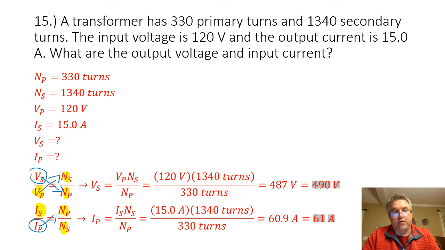Once again, I can cross multiply, and I am going to solve for the primary current, and I'm going to have the primary current is equal to the secondary current times the secondary number of turns divided by the primary number of turns. Plugging my known values into that equation will give me a primary current of 60.9 amps, or 61 amps, rounded to 2 significant figures.